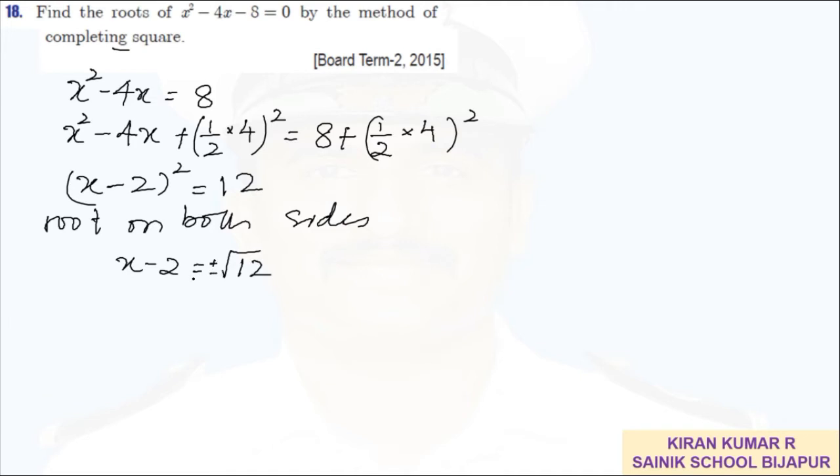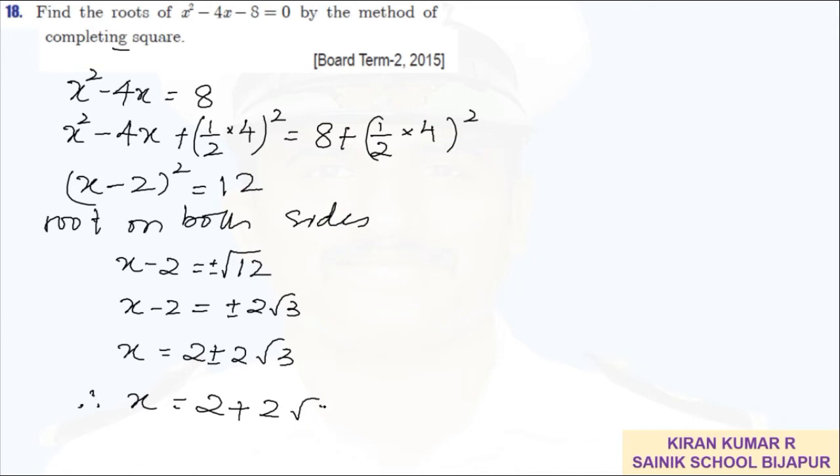It has to be plus or minus, so x minus 2 is plus or minus, it can be written as 4 into 3, so 2 root 3. So x will be equal to 2 plus or minus 2 root 3. The values of x are 2 plus 2 root 3 and 2 minus 2 root 3. These are the roots.